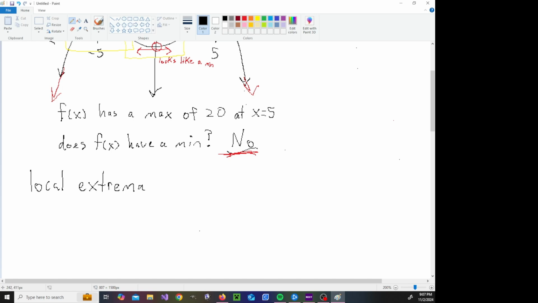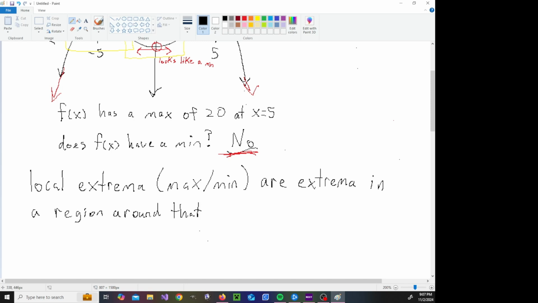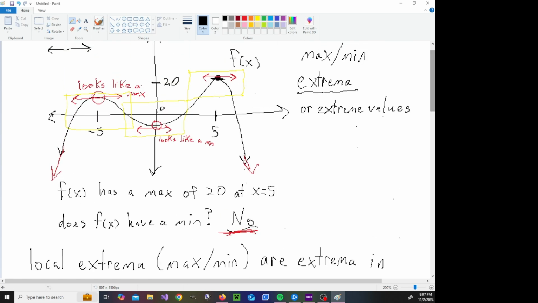Local extrema, which again is just the word that we use to refer to maximum or minimum values, are extrema in a region around that point. If I were to confine myself to that neighborhood around each of those points, then it looks like I am a maximum or a minimum value.